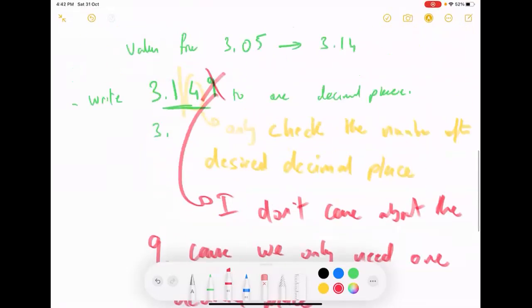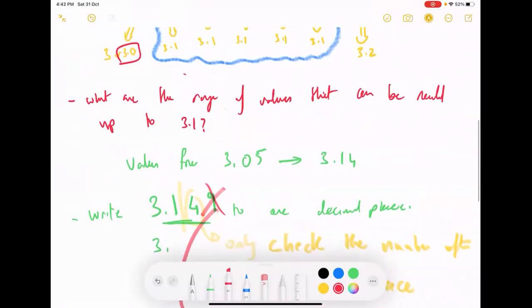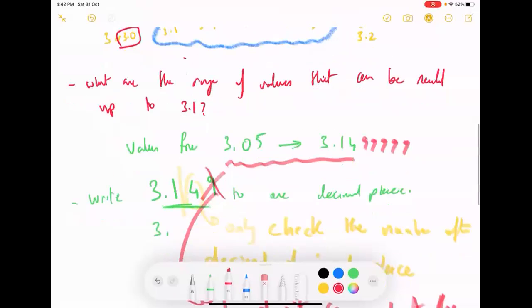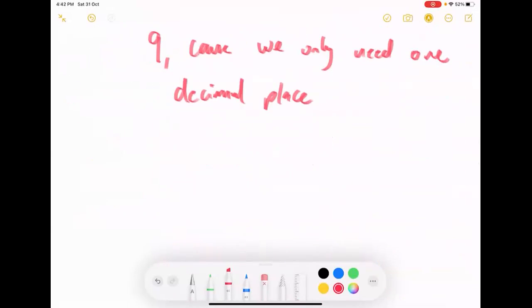So we have all the numbers between 3.05 and 3.149999, right? All the numbers from 3.05 up to 3.149999999. So we want to write it as an inequality.